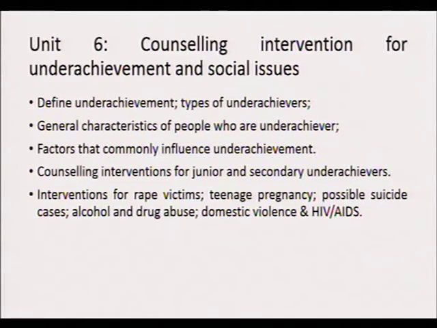What do we look at in order to say this is an underachiever learner or this is not? Factors that commonly influence underachievers. For any other person to become an underachiever, there should be factors which contributed to the situation to be the way we see it. Counseling interventions for junior and secondary underachievers.